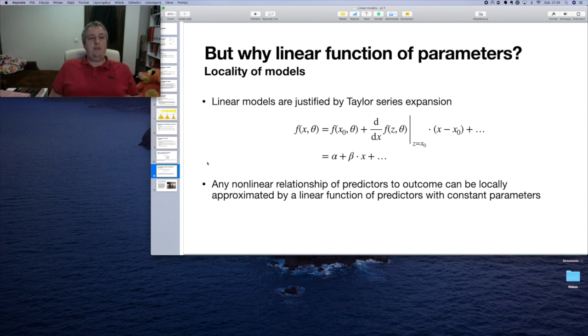The resistor will evaporate because of the heat. Your model won't be working. Your model won't be applicable, because all linear models are really applicable only locally.